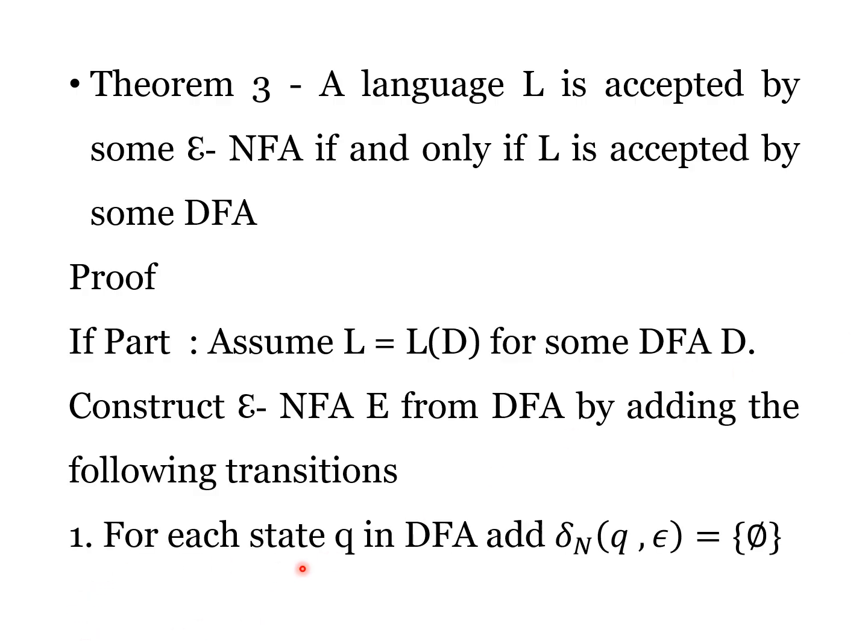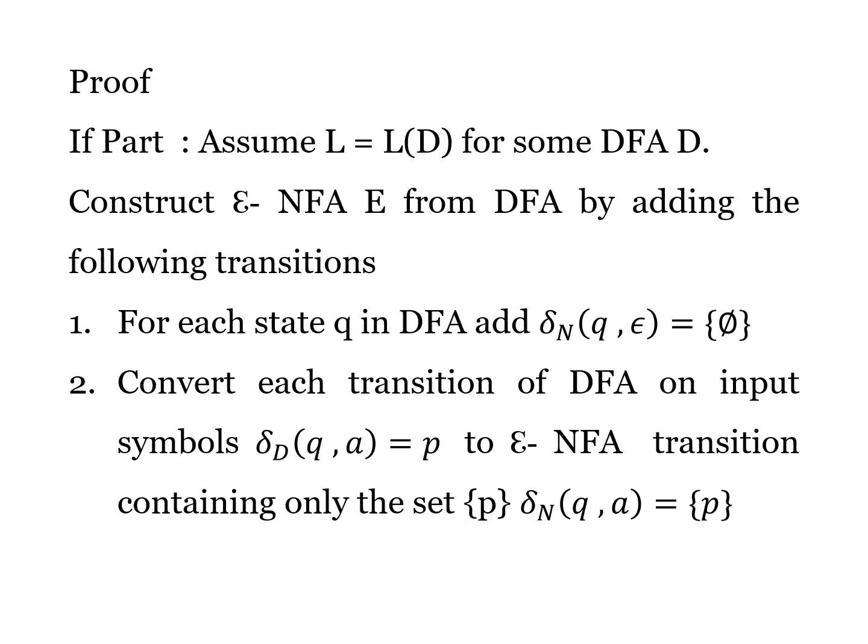So for each state Q in the DFA, in the epsilon NFA, we want to add an epsilon transition going to the set containing only that state. And another thing is, we want to convert each transition of the DFA on the input symbols to an equivalent NFA transition like delta N of q comma a is equal to the set {p}.